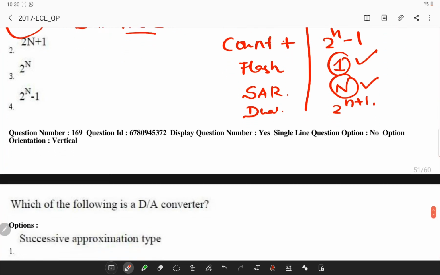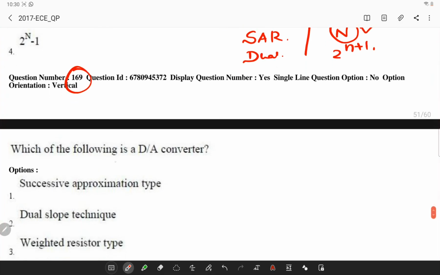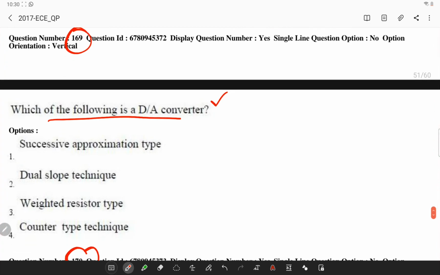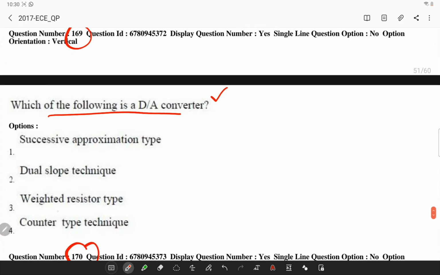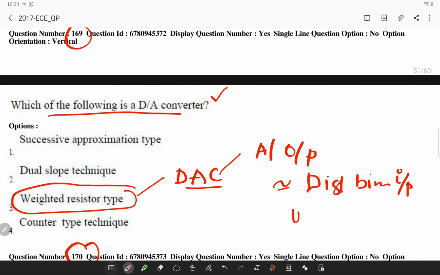So the last question in this particular year. Which of the following is a D2A converter? So if you see this, here the weighted resistor type is basically a D2A, digital to analog converter, which produces an analog output equal to the digital binary input using binary weighted resistors.